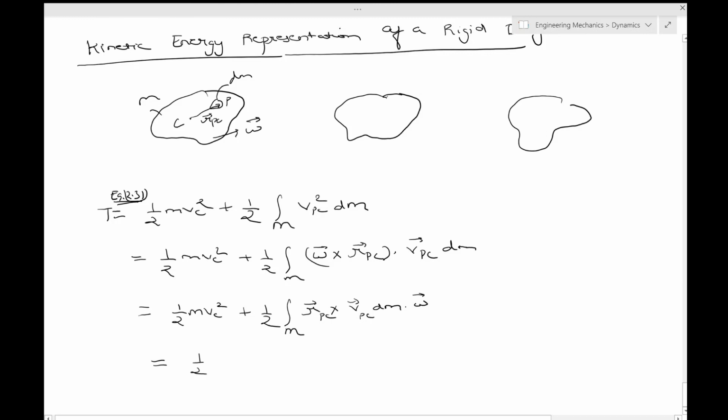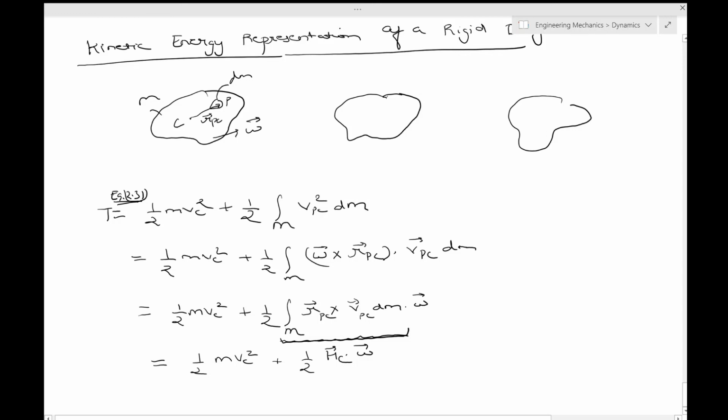Okay, half m vc square plus half, this is actually the moment of momentum, so this will be Hc dot omega. This entire integration will be Hc.